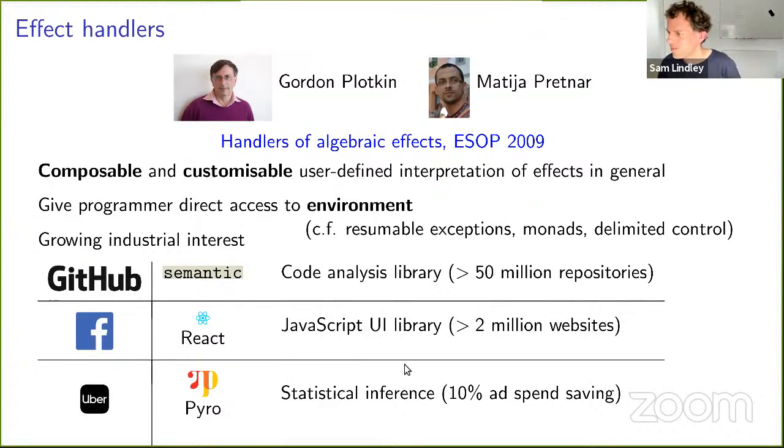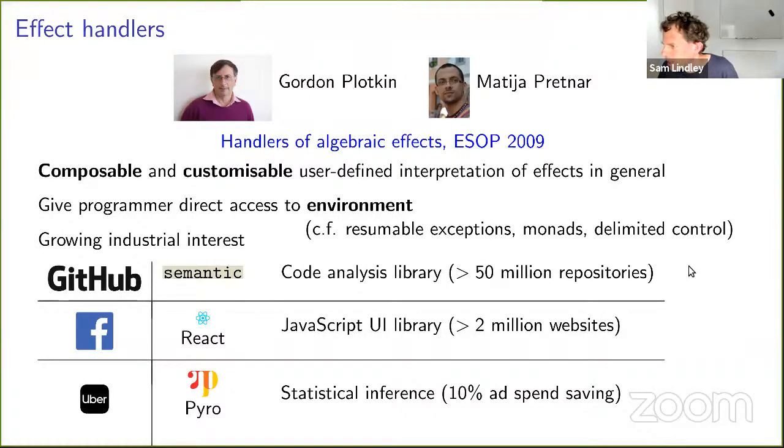It's not just a pretty theory. GitHub, for instance, is using this in their semantic library, which gets run on more than 50% of all of their pull requests. It's a semantic analysis library that relies fundamentally on effect handlers.